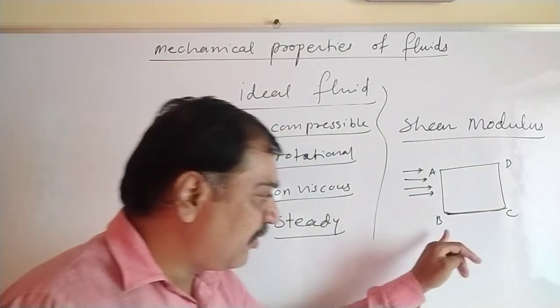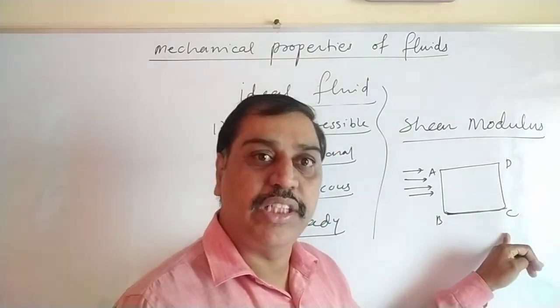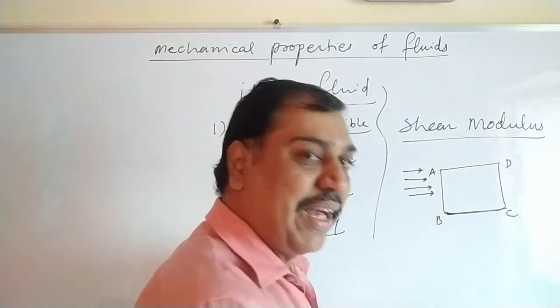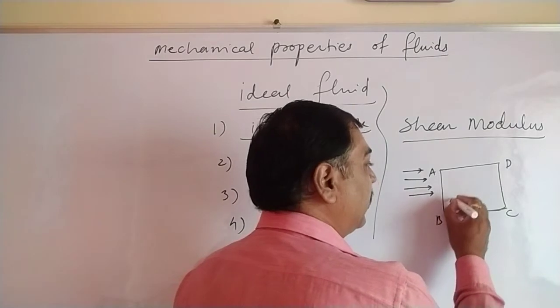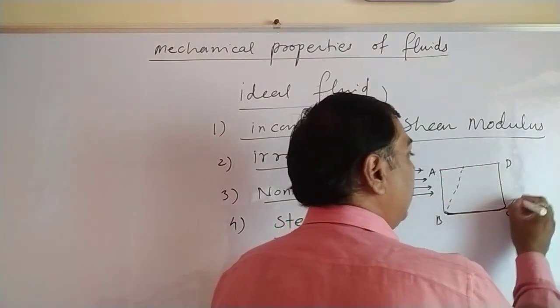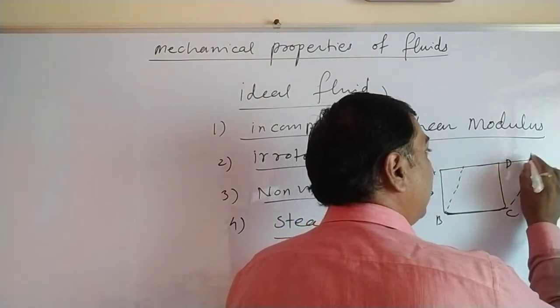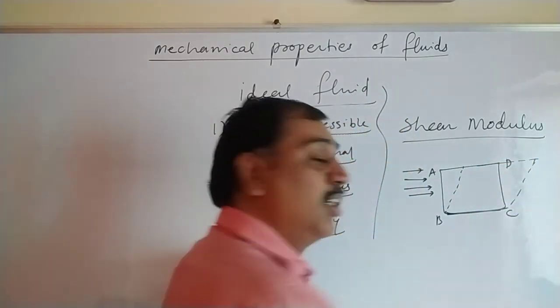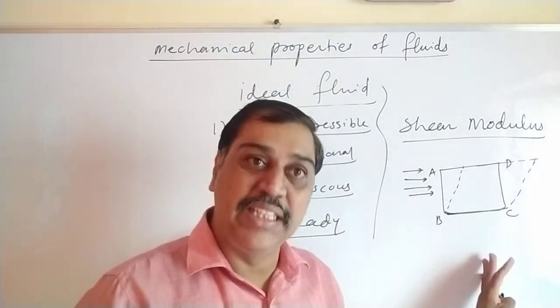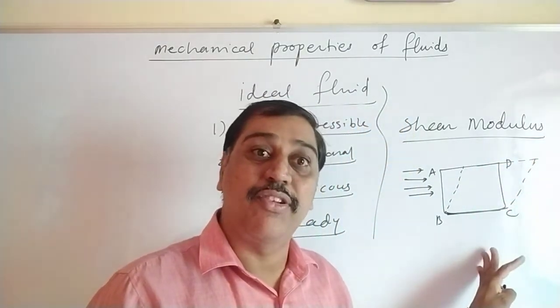The surface BC is fixed to the table, so it can't move. Then what occurs? The shape changes. It gets shifted like this. This is nothing but a change in shape of the solid. This is the case for solids only.